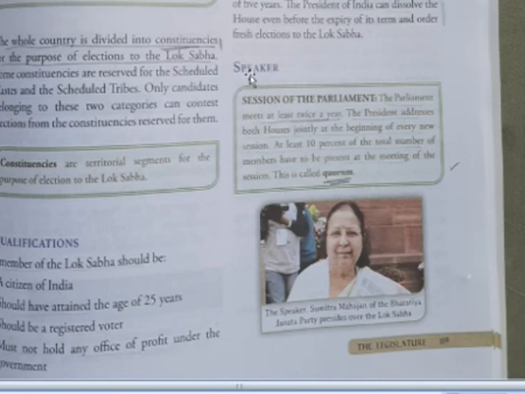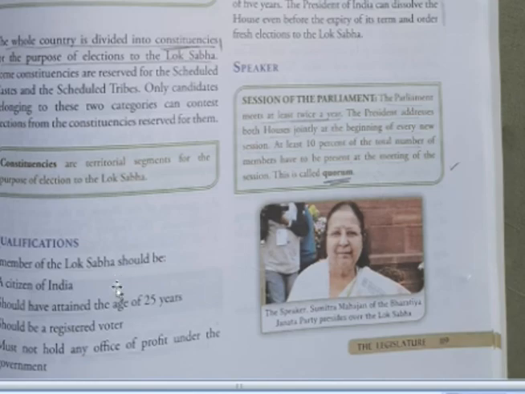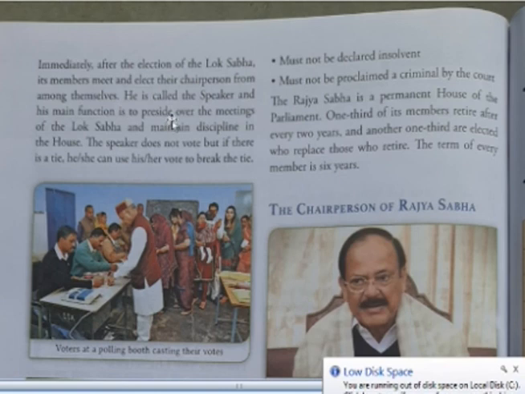Now we'll discuss the speaker. Who is the speaker? Immediately after the election of the Lok Sabha, its members meet and elect their chairperson from among themselves. He is called the speaker, and his main function is to preside over the meetings of the Lok Sabha and maintain discipline in the House.